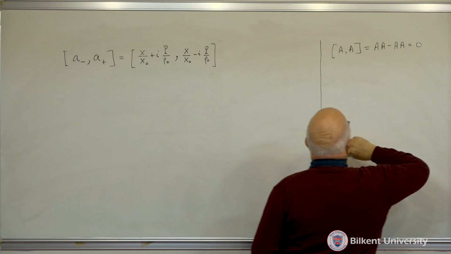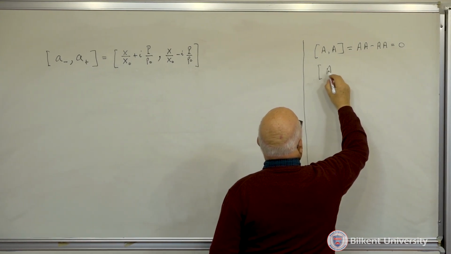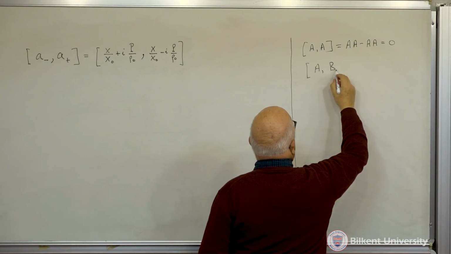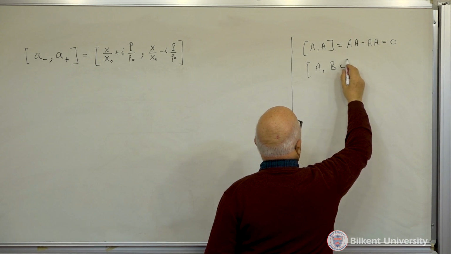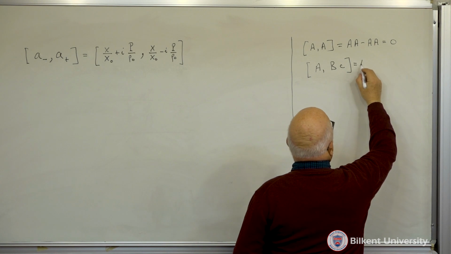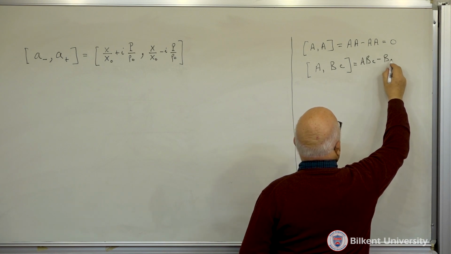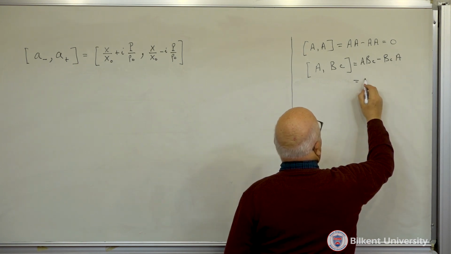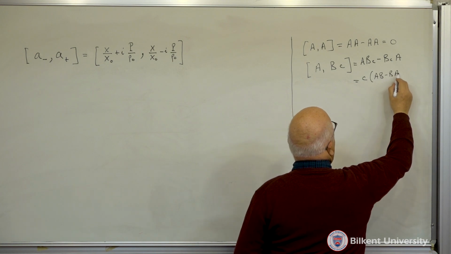so it's 0. Okay, what happens if I have an A and a B, but suppose one of them is multiplied by a constant? Let's say this is being multiplied by some constant C. Okay, so I'm going to get AB C minus B C A. But C is a constant, so this is C times AB minus BA.